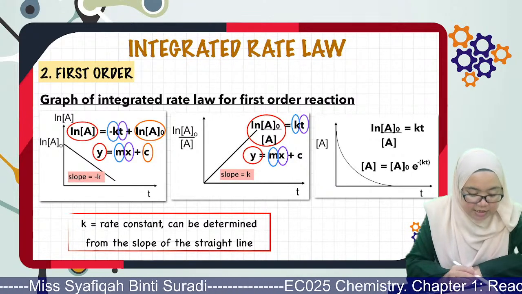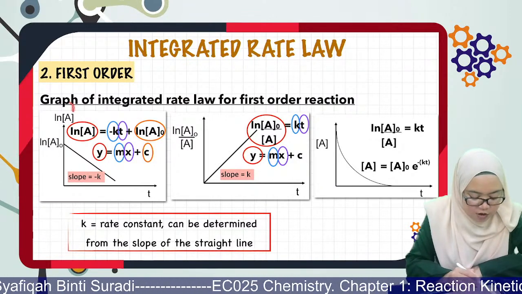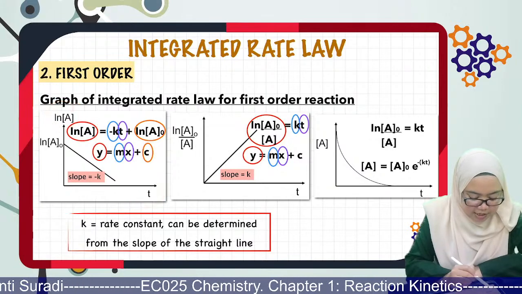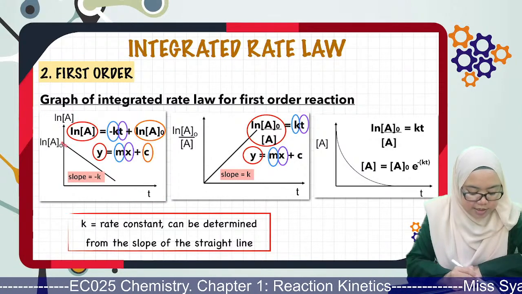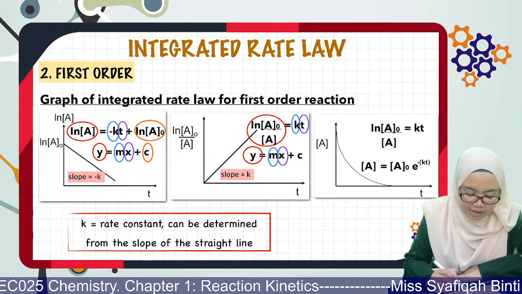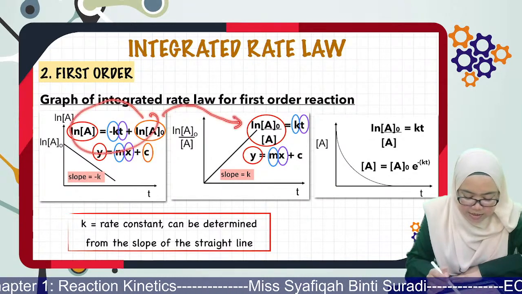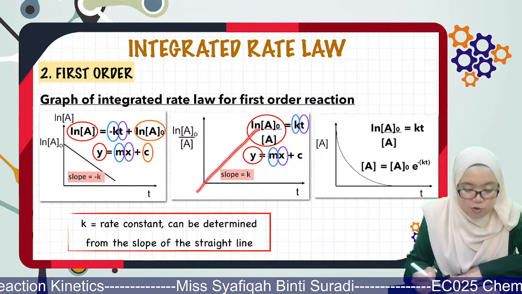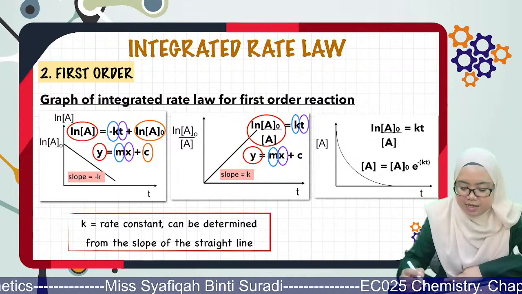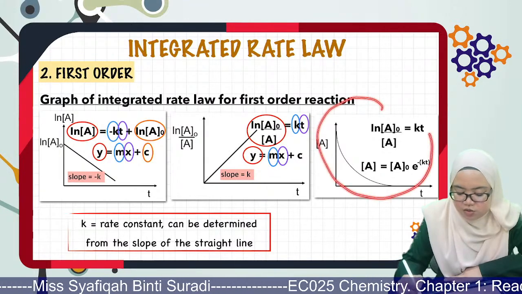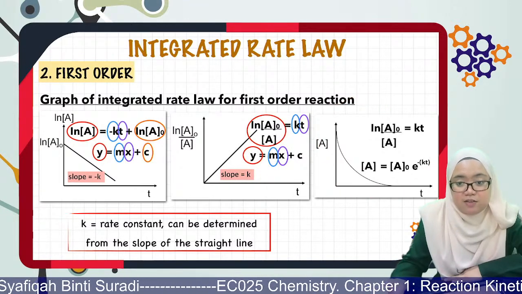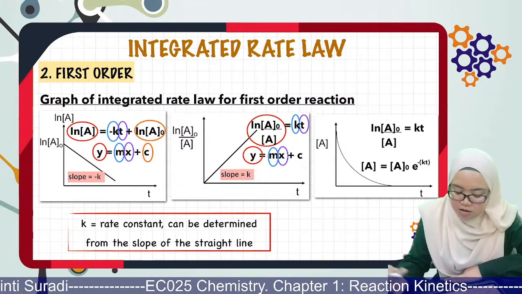So bila kita buat graph dia of ln A against time, kita akan dapat graph yang ada y-intercept kat sini. Okay, and then kalau kita susun this equation jadi macam ni, kita akan dapat graph yang passing through origin lah. Okay, and then kita ada one more graph yang concentration against time ni. Ni adalah graph half-life yang kita akan tengok sekejap lagi.